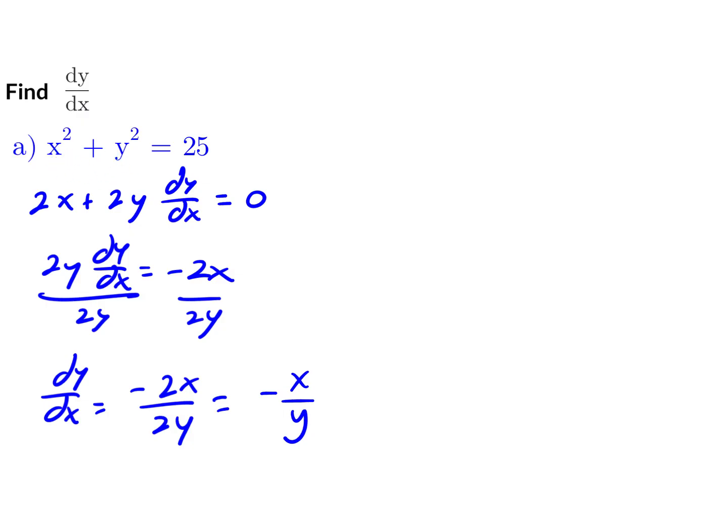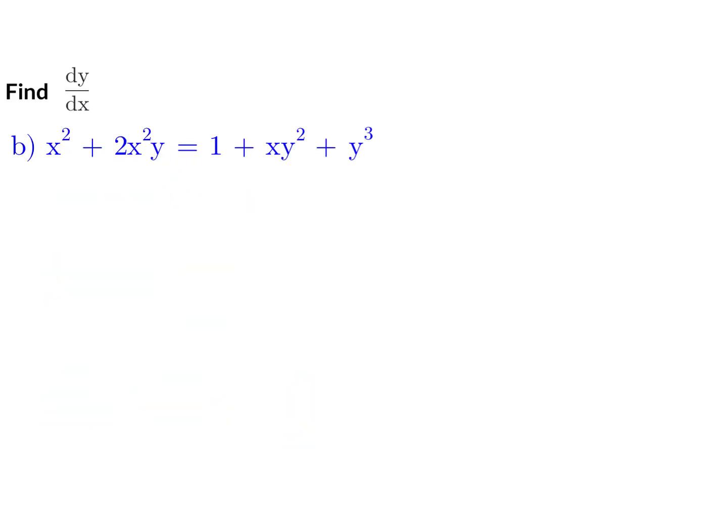But in this example, now they're mixed in. Meaning, here I have x's and y's in one term. Let's do one piece at a time here. So let's start with this first one.